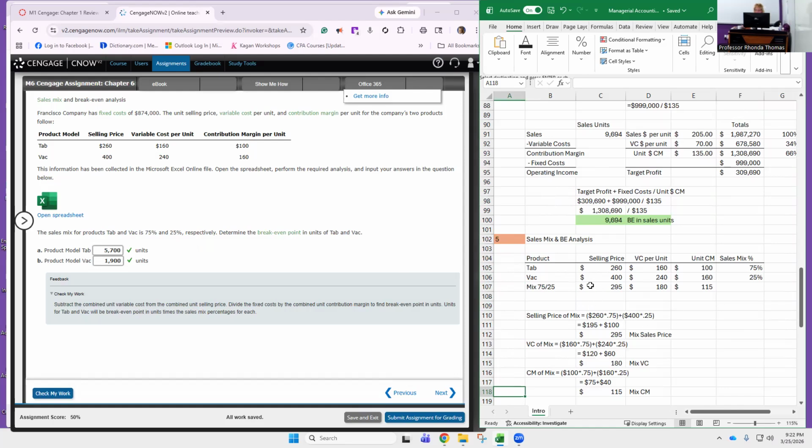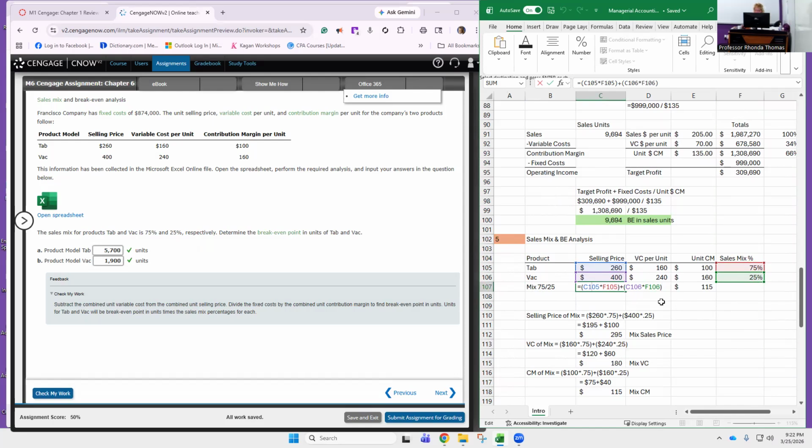So what you have to do, it's kind of difficult, but for the selling price of the mix, you have to take this selling price times 75% plus this selling price times 25%.